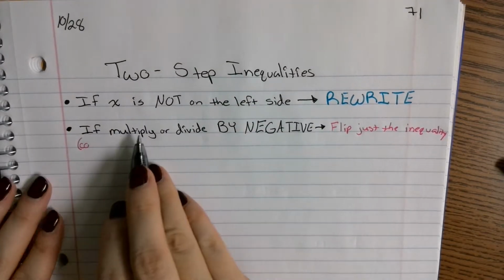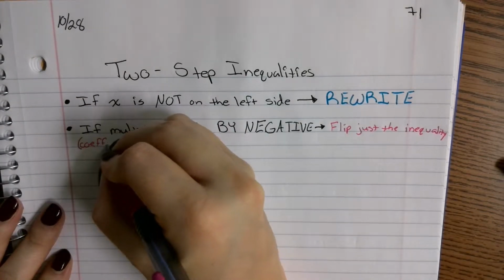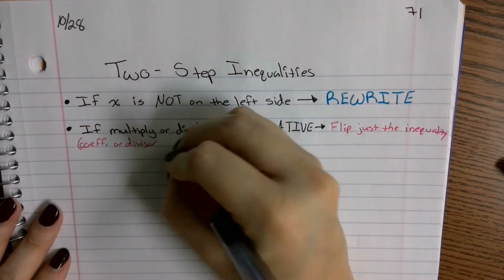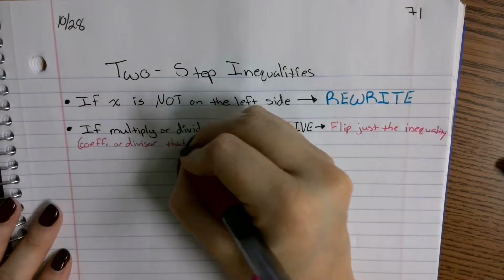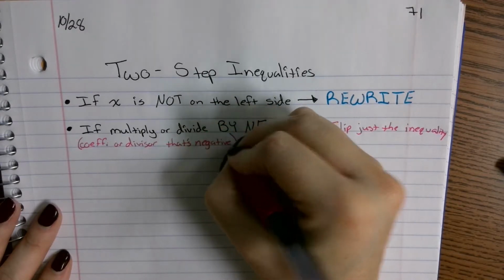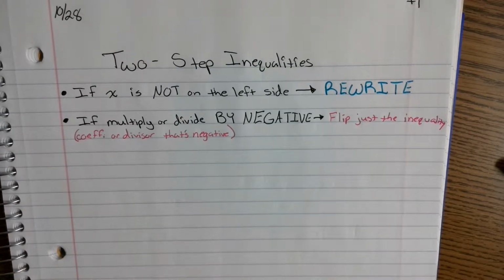So again, remember guys, it's easy. If you're looking at the problem and you have a coefficient or you have a divisor that's negative, then you know you're going to have to flip the inequality statement or symbol. If it's a negative 2x, you're going to have to flip it at the end.